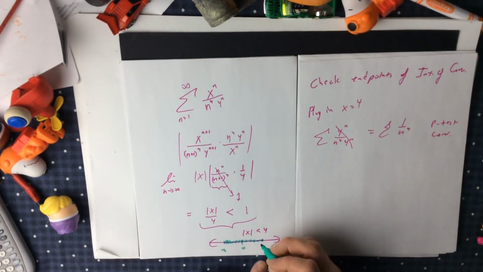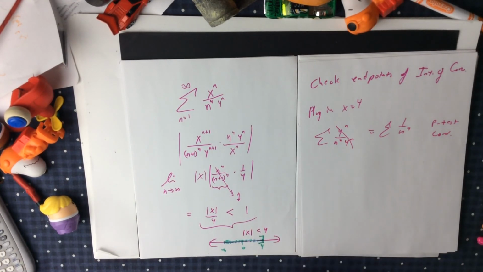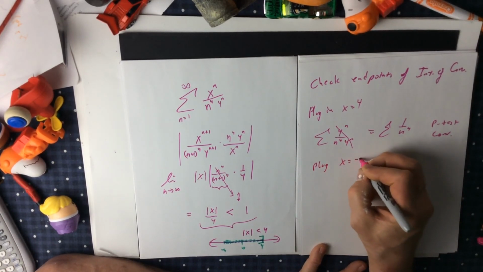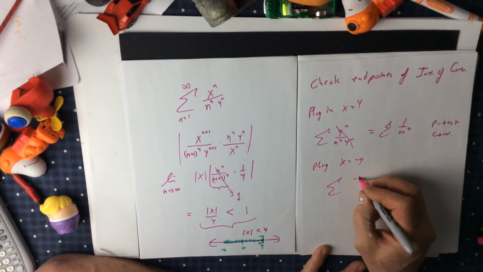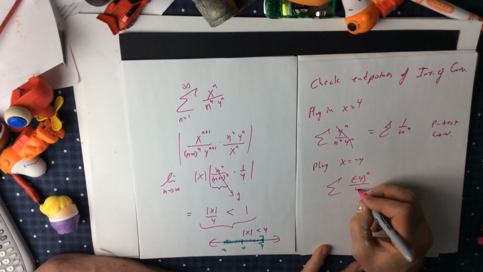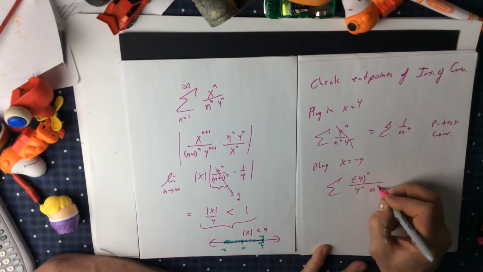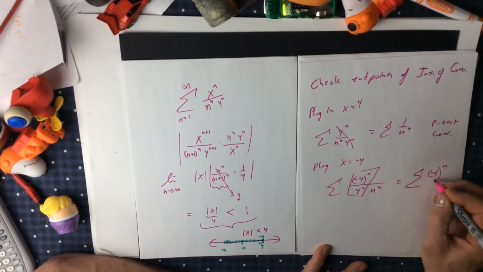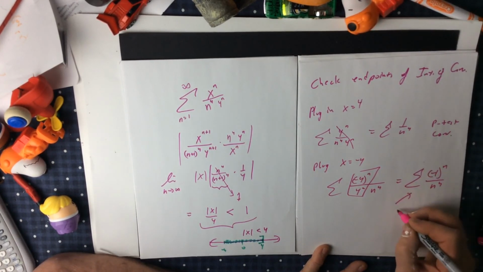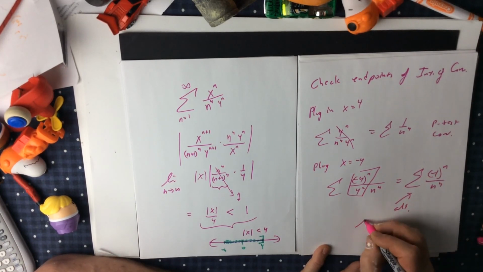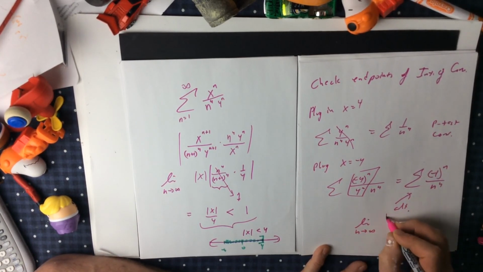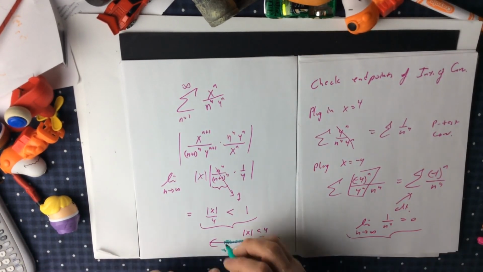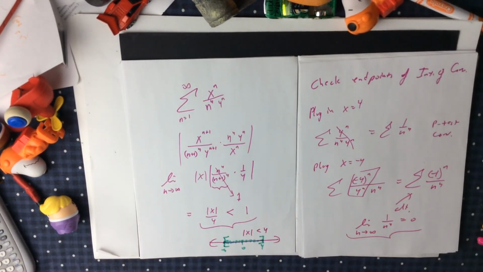So we just discovered it converges at 4. So now we're going to plug in x equals -4. We have the sum of -4 to the n over n to the fourth, 4 to the n. Why, that is -1 to the n over n to the fourth, and that's an alternating series, and the limit as n goes to infinity of 1 over n to the fourth goes to 0, and that's the alternating series test that says it converges at -4.